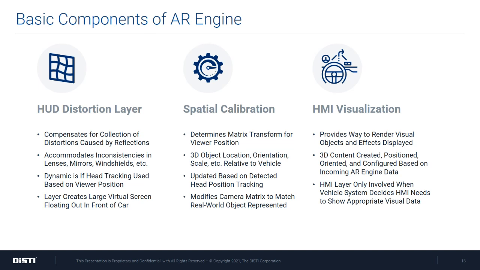So you need to be able to transform the matrix and handle different orientations, scale, location, and then we need to be able to update that again based on head tracking information as well. And then finally, we get to the visualization layer, where we're really talking about rendering all those objects into the 3D scene.